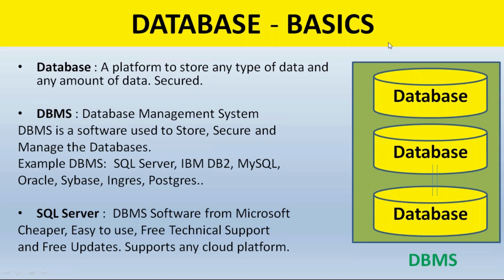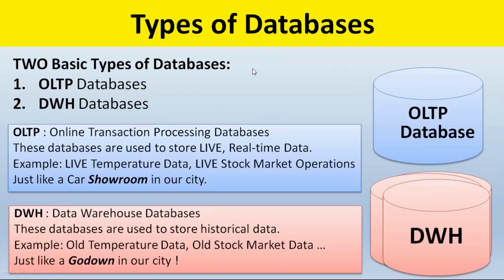Next. From here, our next screen, types of databases. There are two types of databases, OLTP to store live real-time data, like a live cricket match, online banking activities, anything live, OLTP.